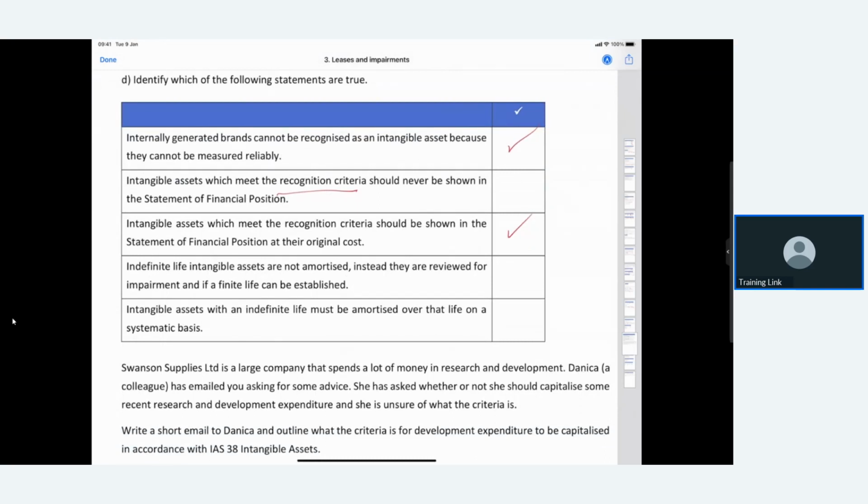Indefinite life intangible assets are not amortized, which we spoke about earlier. We know that that is true. Instead, they are reviewed for impairment, and if a finite life can be established, obviously, that could then change if that changes. But for now, that will be true.